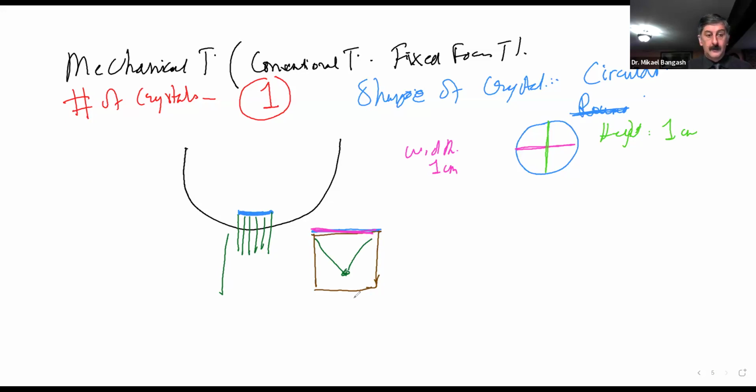So our question is, this transducer is still going to produce an image which is not going to be a box like this, but rather what we will refer to as a sector shaped image.